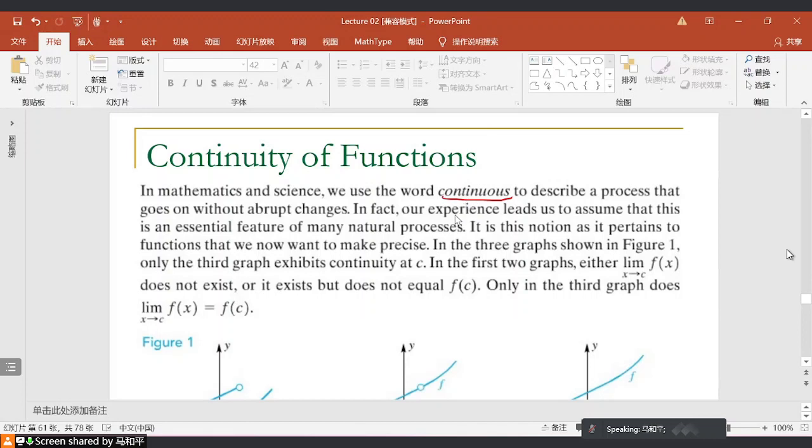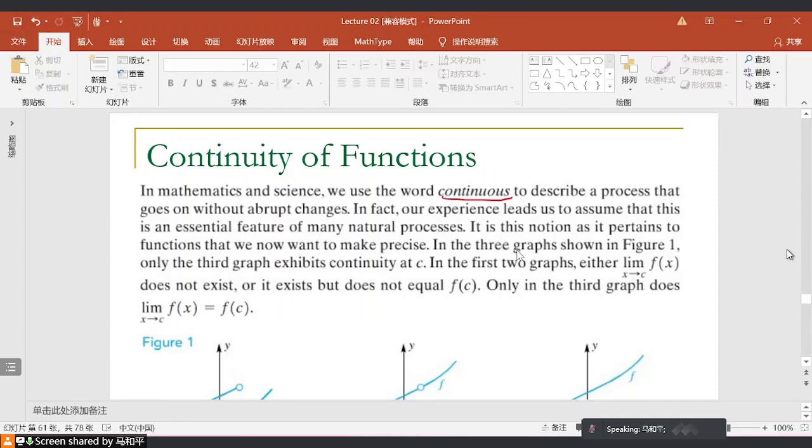In fact, our experience leads us to see this as an essential feature of many natural processes. It is this notion as it pertains to functions that we now want to make precise.